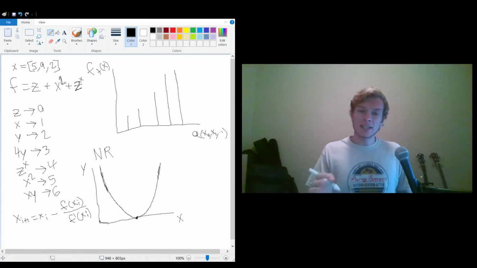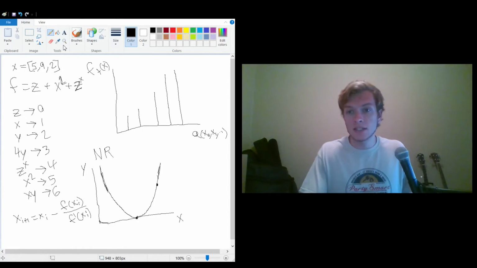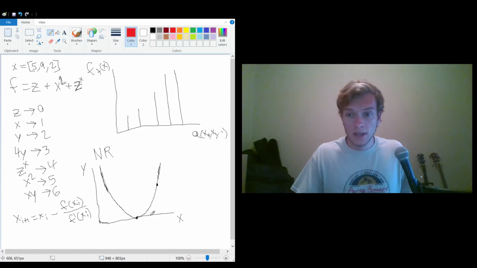Because that may seem a little bit vague, let's say we guessed a point here. What this algorithm is doing is essentially setting up a tangent line. I'm going to get a different color here, some red. It's looking at the slope of this line right here, and this goes off in both directions.